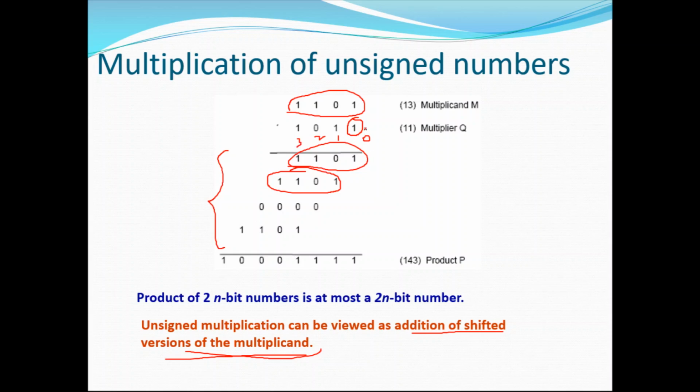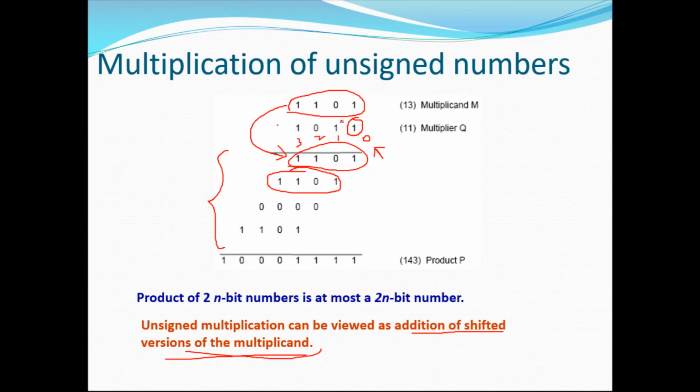If bit 0 is 1, then you don't shift. Whatever the bit number, that many times it should be shifted. For bit 0 you do 0 shifting. If it is 1, then just copy the multiplicand. If it is 0, just fill up with 0.